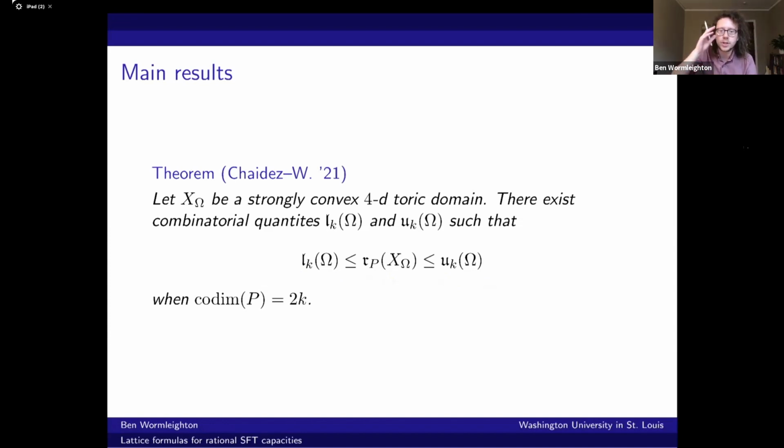So we've sandwiched R_P between two combinatorial quantities. And how does K come into the picture? The codimension of P is 2K. By the codimension, we mean the amount that imposing P cuts down the dimension of an appropriate moduli space. So in essence, this is the expected dimension of the space of curves satisfying this constraint P.